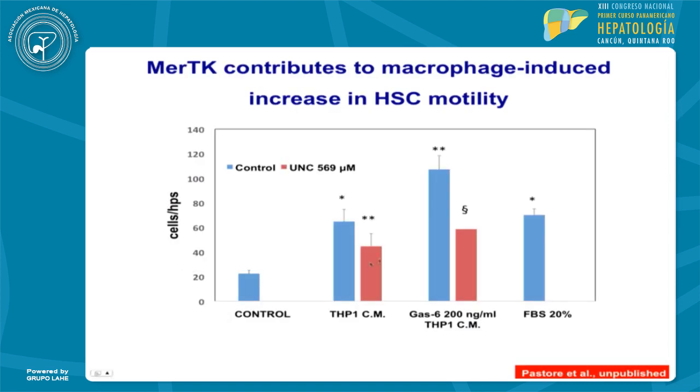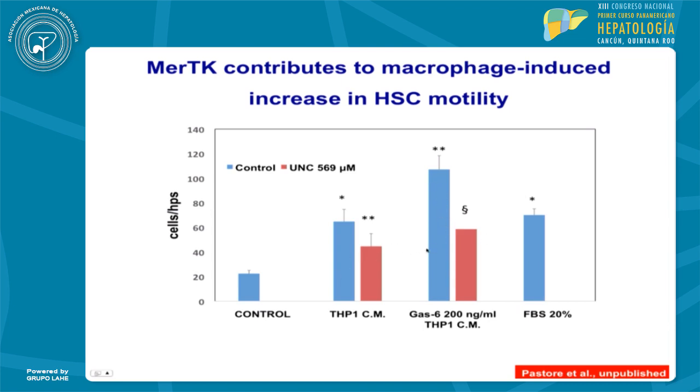And here you can see the controls, the migration of the stellate cells. If the stellate cells are just exposed to the conditioned medium of these macrophages, they increase their ability to migrate, that is a profibrogenic activity, but they do more so if the macrophages have been previously exposed to GAS6.